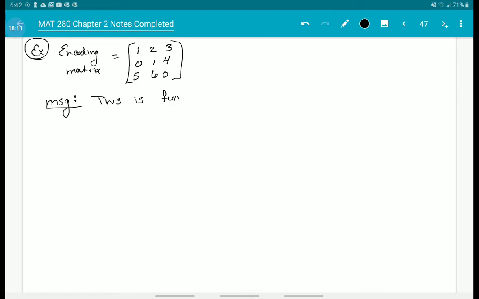So our first step is we need to turn this into a matrix. So I'm going to write it this way. So this is where you may want to pause the video and convert this. Try this yourself.